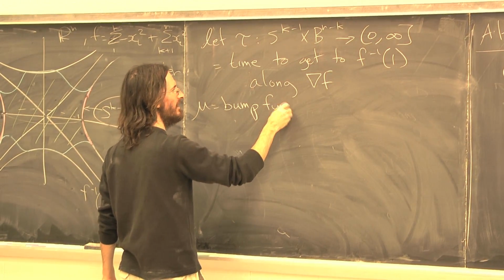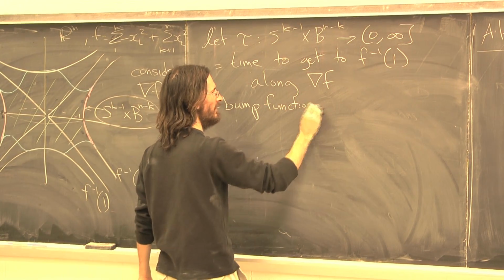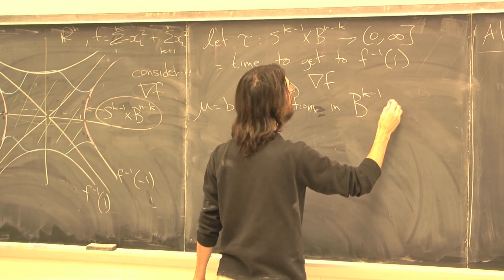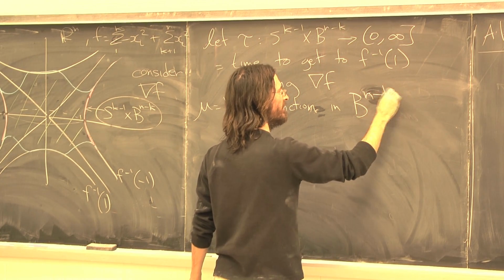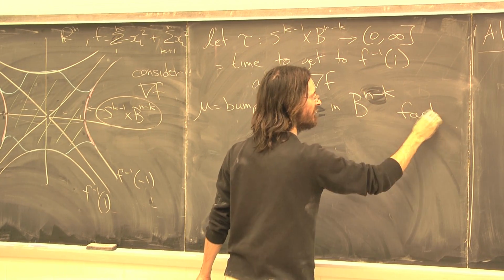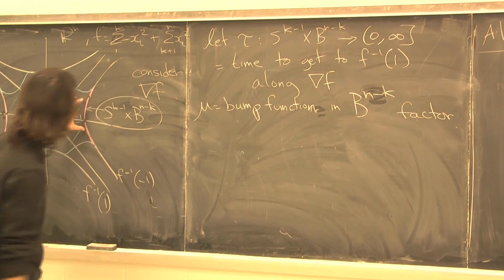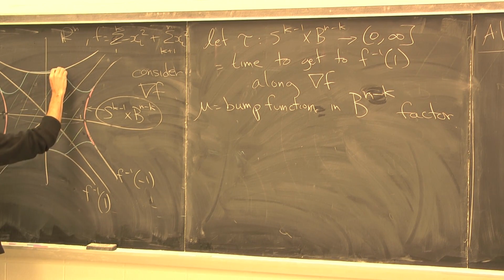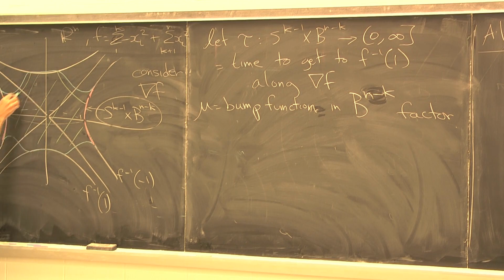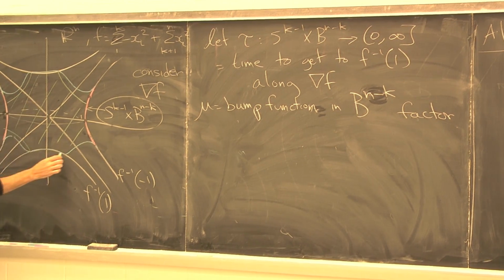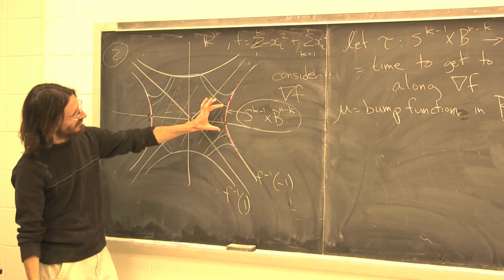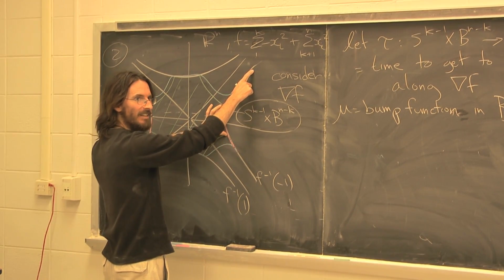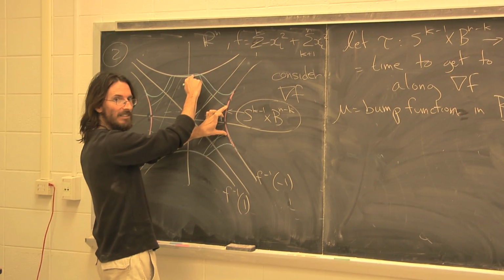I'm going to say in the D^k, B^(n-k) factor, it equals 1, and it's going to take the value 1 here, and take the value 0 here, and go from 0 to 1 along here, right?